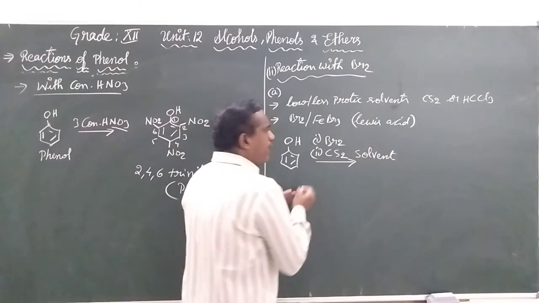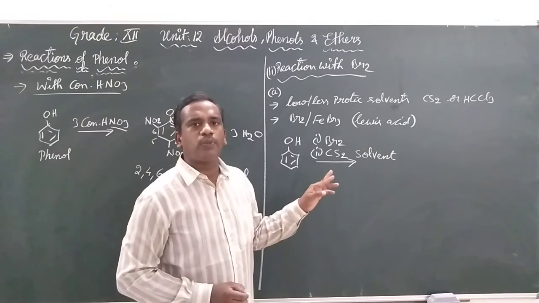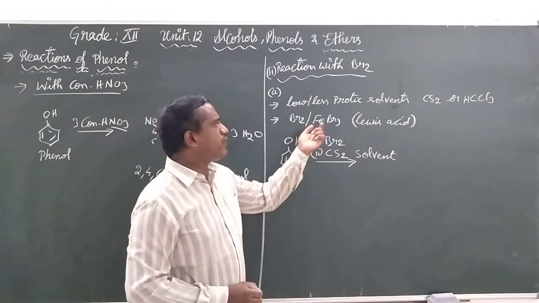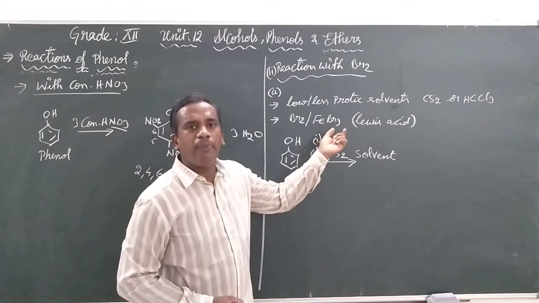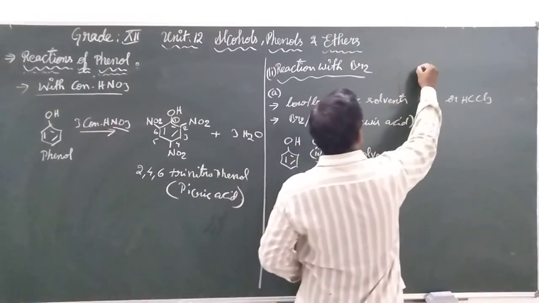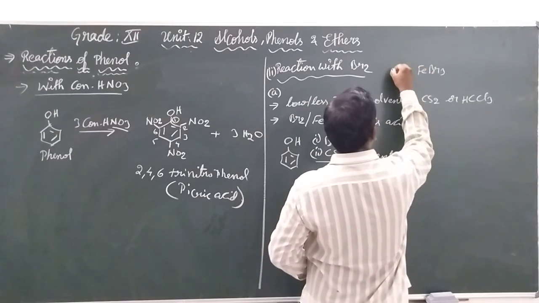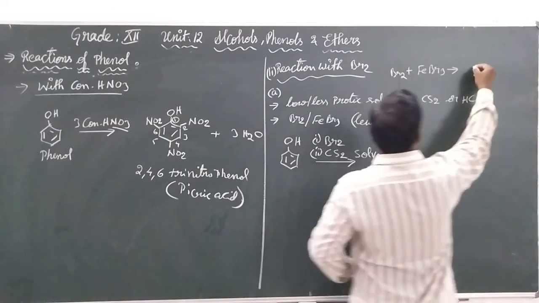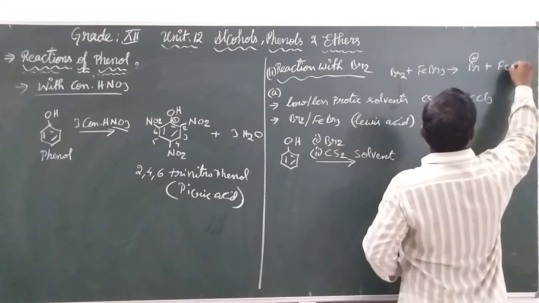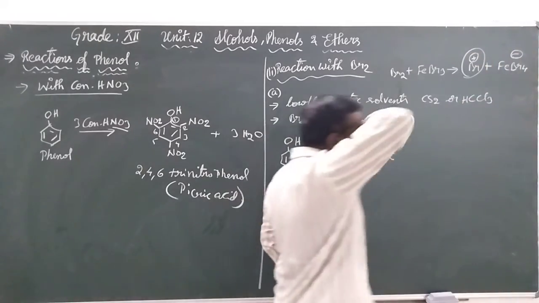Now the bromination takes place through an electrophilic substitution reaction. When FeBr3, the Lewis acid, reacts with bromine, it forms Br+ and FeBr4-.